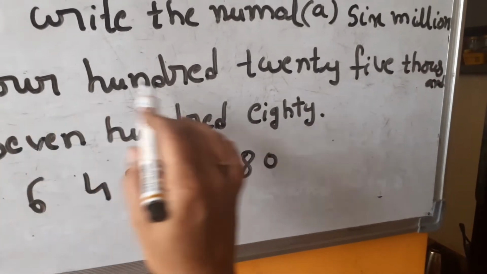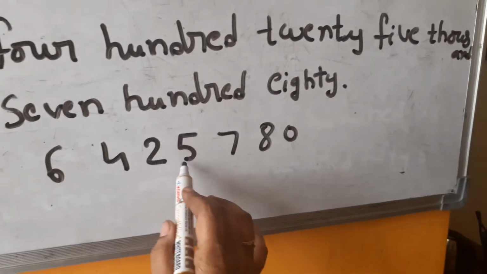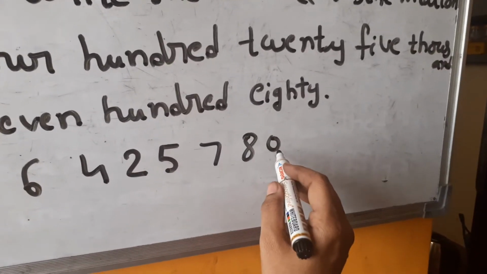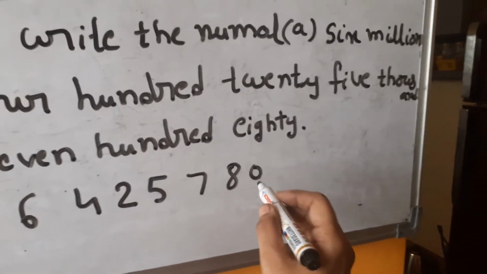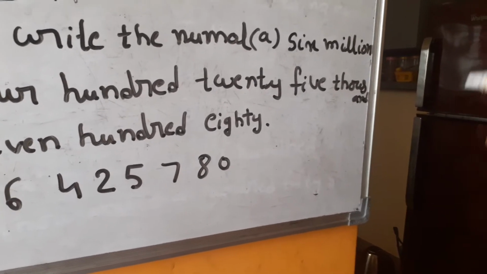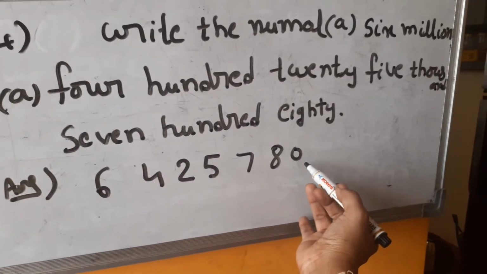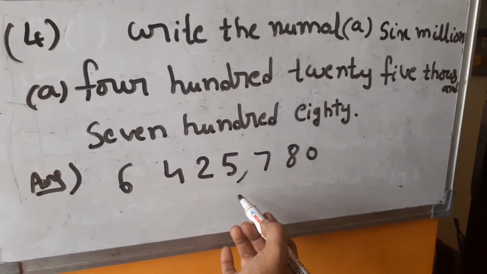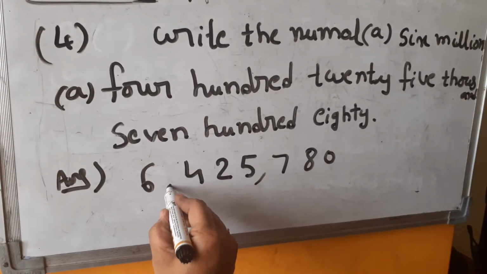Next 425,000, that means 425. Then 780. Next we have to put commas. First, starting from the right side, after the last 3 digits we put a comma. Next, after the remaining 3 digits, again you put a comma.